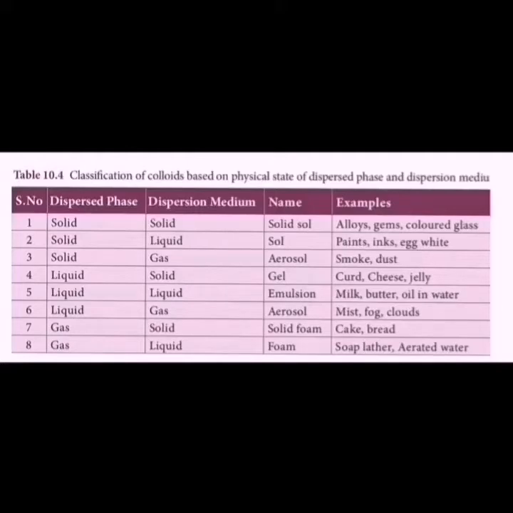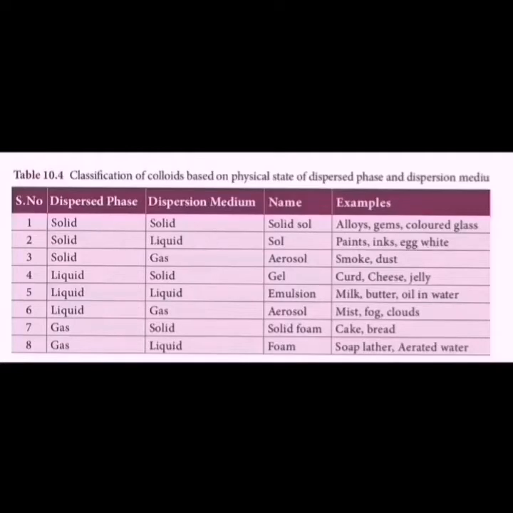Classification of colloids based on the dispersed phase and the dispersion medium. First one, dispersed phase is a solid and dispersion medium is also a solid. The name of the colloid is solid sol. Examples are alloys, gems and colored glass.